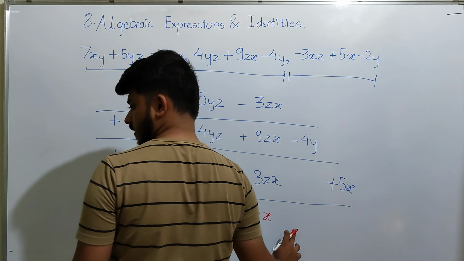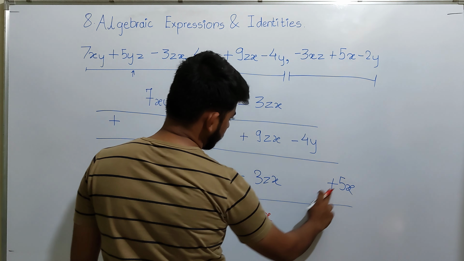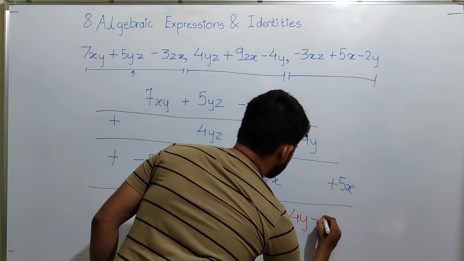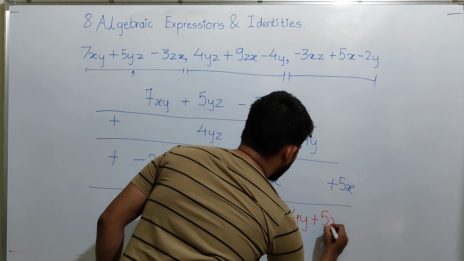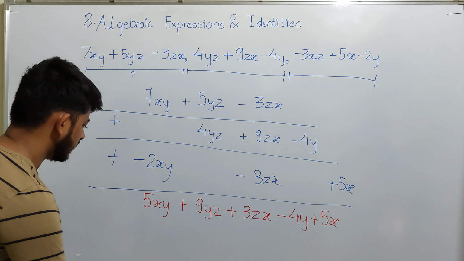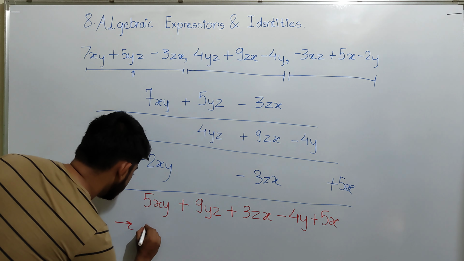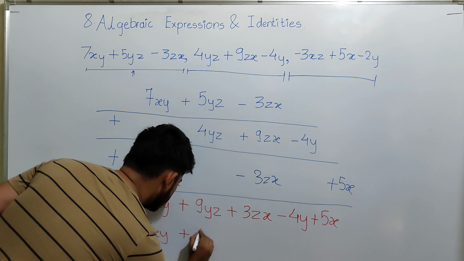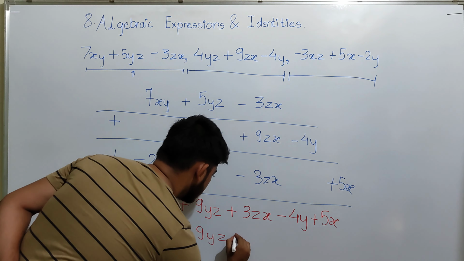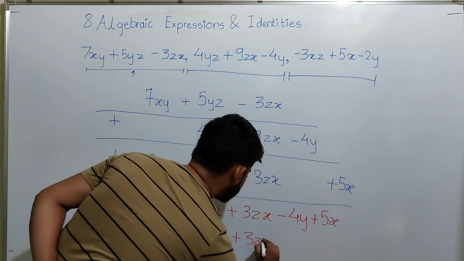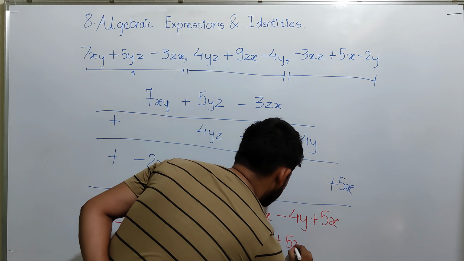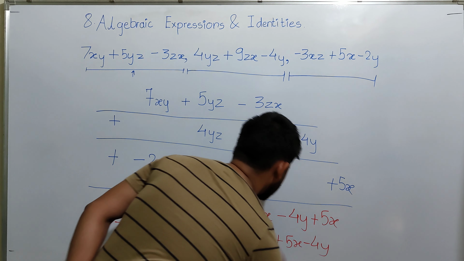Now if I write minus 4y, you can also rewrite it as 5xy plus 9yz plus 3zx plus 5x minus 4y.